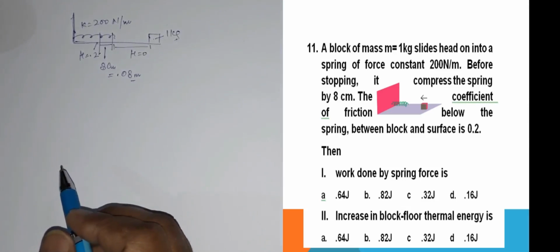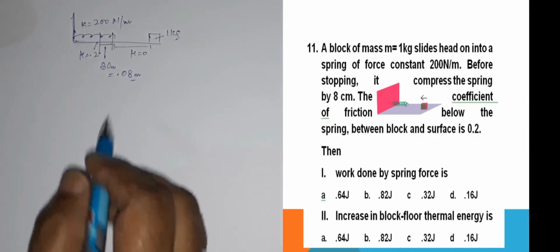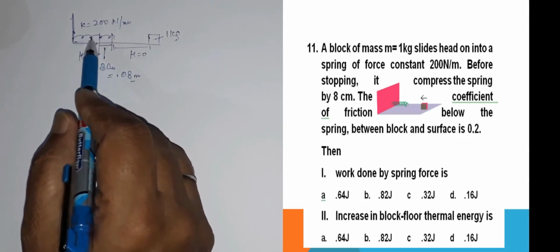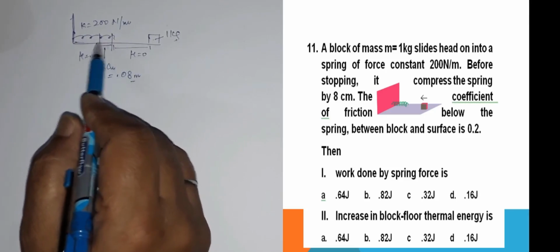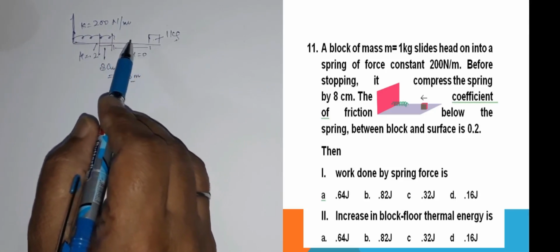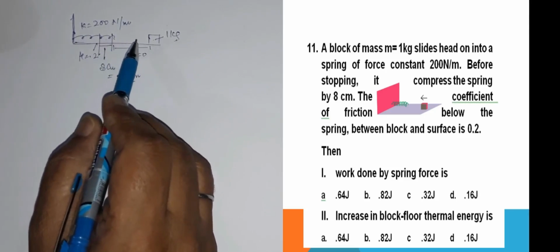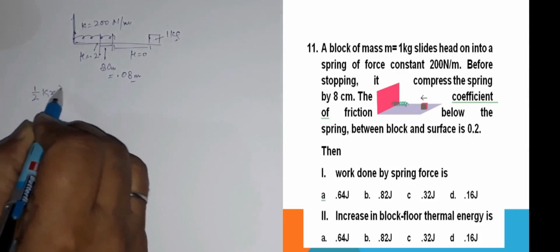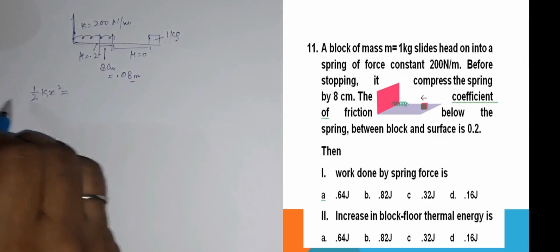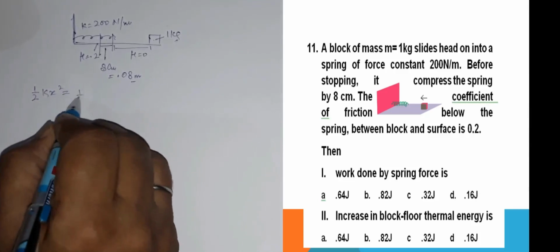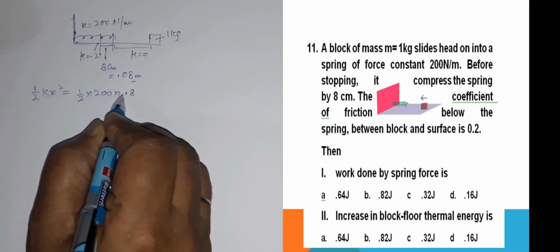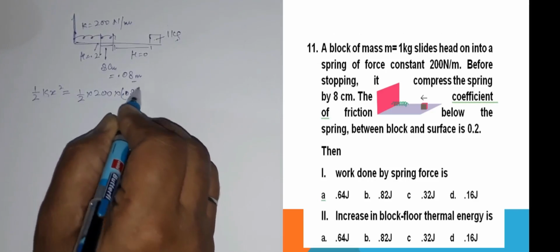So in the first part you have to find the work done by spring force. What is the work done by spring force? When you are calculating work done by spring force, no other work or energy loss is to be considered. Simply half kx square is the work done due to spring force, that is half into 200 into 0.08 square.